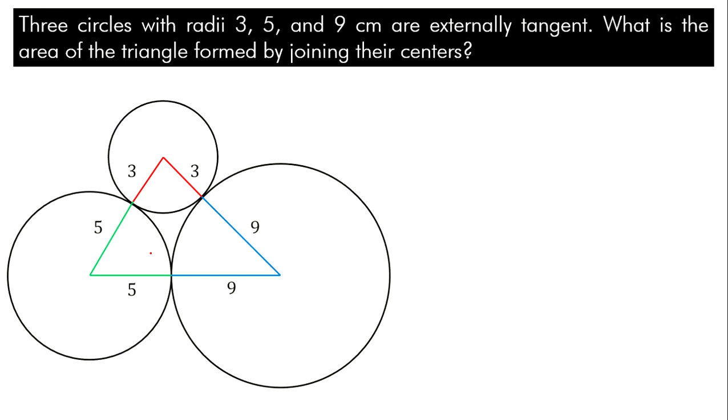Okay, so as you can see here, there's a triangle formed by using the radii of the circles. So let's say this is triangle ABC. So from this, we can identify the sides.